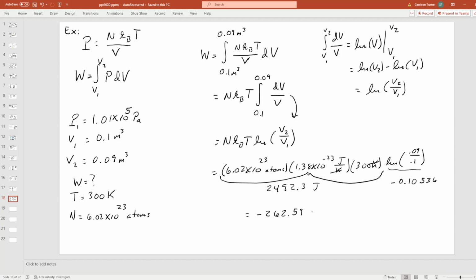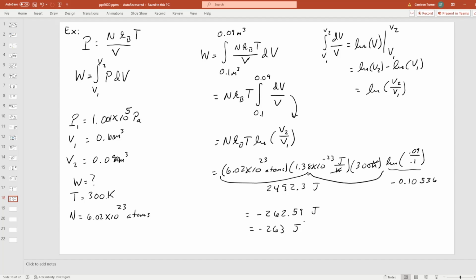And so if I assume all of these are 3 sig figs, then we'll round this to 3 sig figs. So this becomes negative 263 joules. Okay, so that is the amount of work that was done.